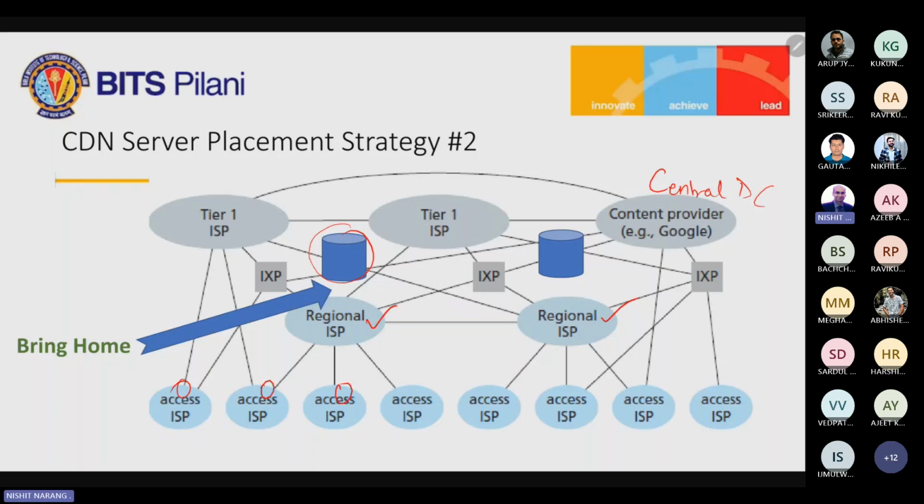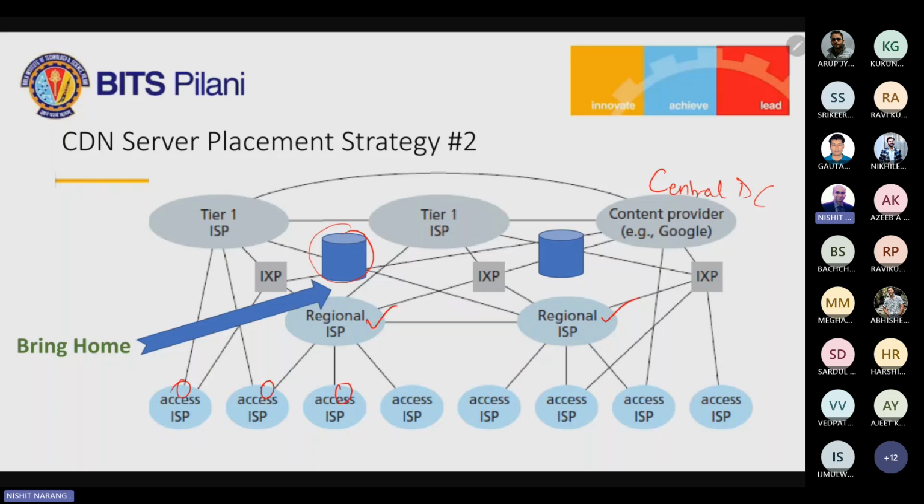So usually content service providers use a mix of the two strategies, depending upon how my subscriber base is. So if I am Netflix and I know that I have a lot of users in the US and a lot of subscribers in India, I would probably go enter deep into those locations.